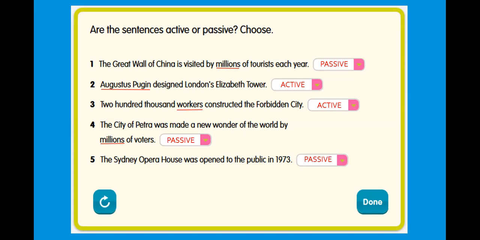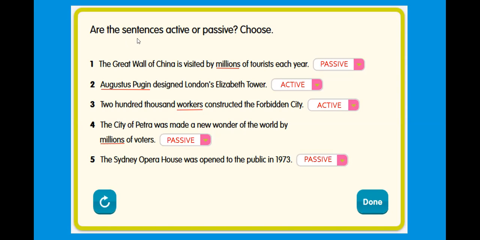Somebody that we don't know of, or that we don't read about in the sentence, opened the Sydney Opera House back in 1973. He or she opened it to the public, but the Sydney Opera House, the subject of the sentence, is not the person who is doing the action. No, the Sydney Opera House is affected by the action.